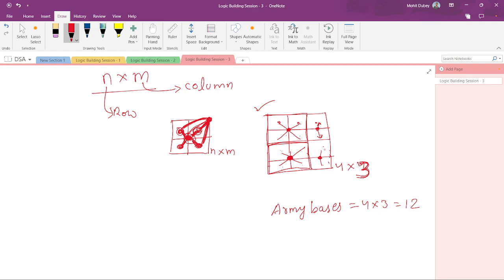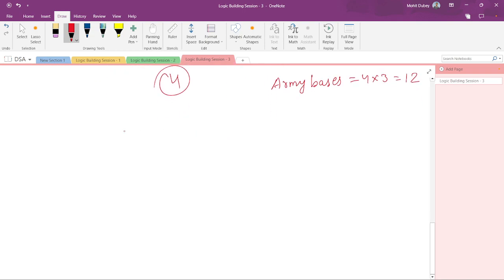So the total supplies that we need in a 4 cross 3 grid, how many? 1 2 3 4. So in this case the answer should be 4, right? And in this case, while it was a 2 cross 2 grid, the answer should be 1, right? Now let's take one more example.